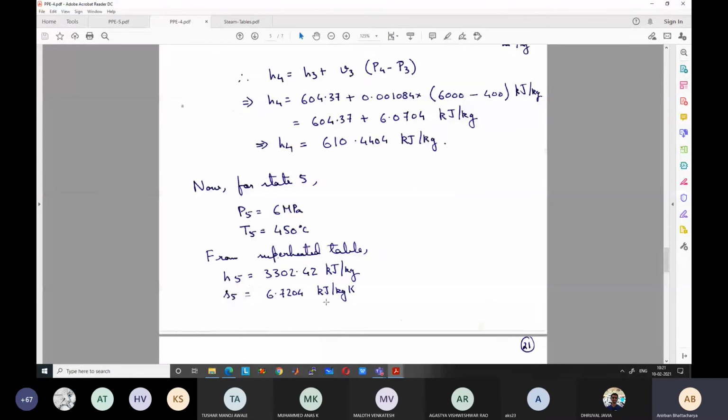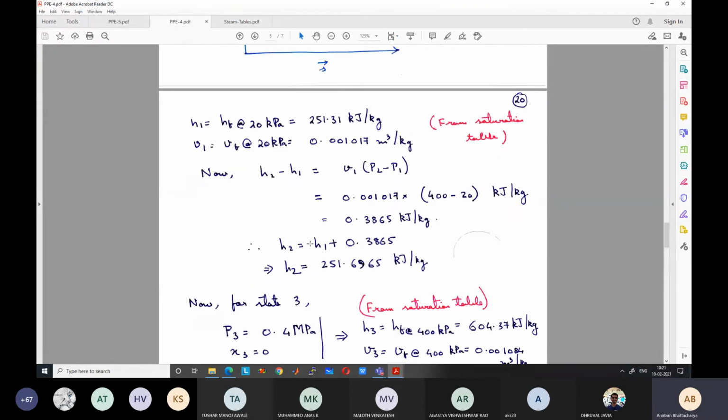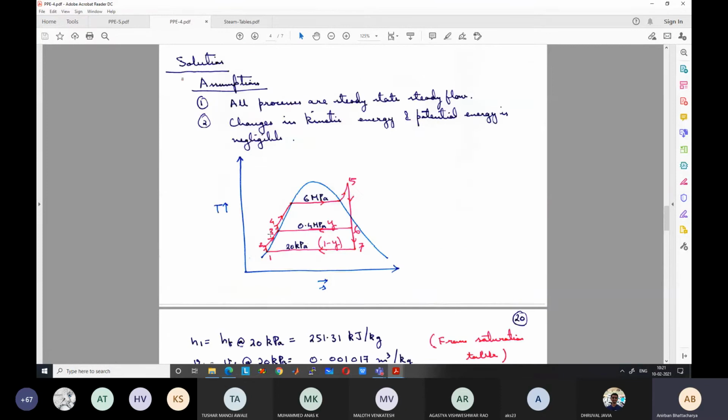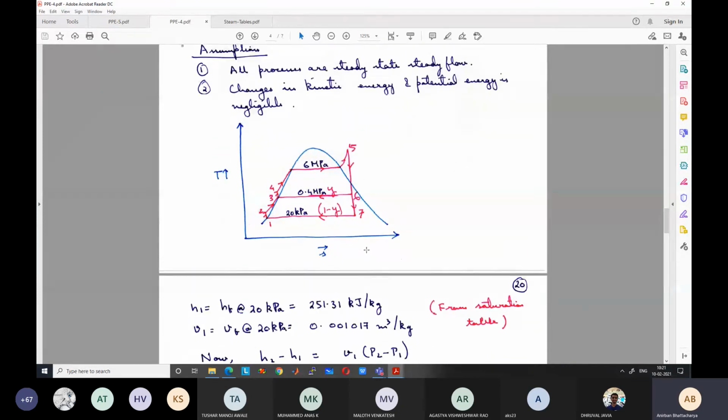So state 5, we have obtained all the data. Now we have to go to state 6. We have done up till now 1, 2, 3, 4, 5. So only 6 and 7 are left. For state 6, as you have already said, entropy is needed. So entropy at state 6 is equal to entropy at state 5 because this is an isentropic process.